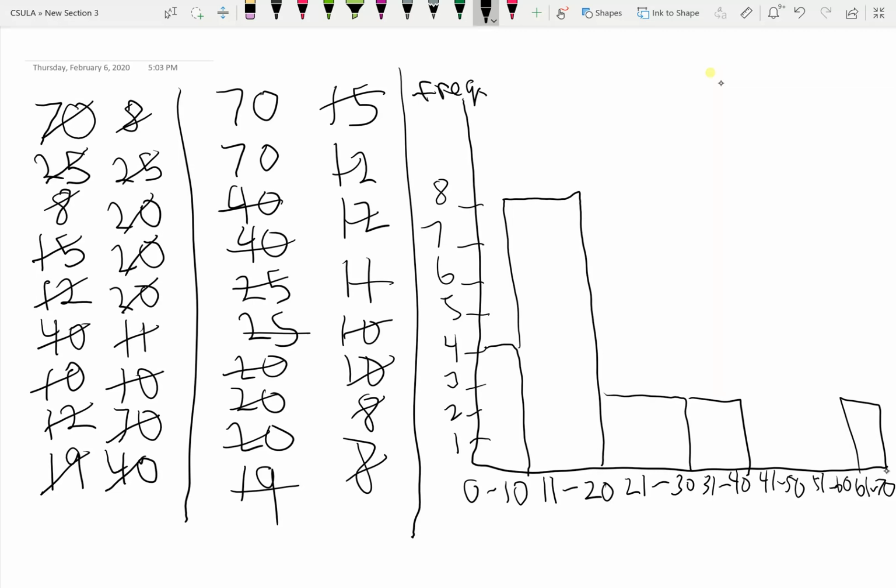All right, so which one is the outlier, or the most extreme? 61 to 70. So I would say this is a kind of special group.